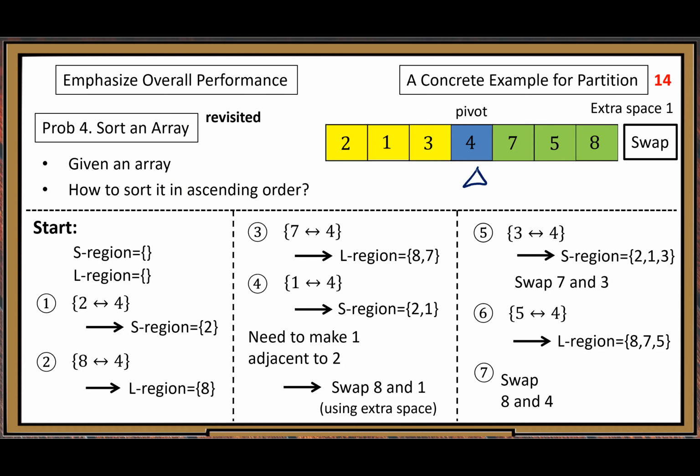In my example, I intentionally made the pivot element right in the middle, but in the general case, no matter how you choose your pivot element, you cannot guarantee it is near the middle.